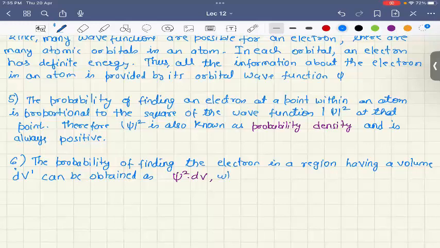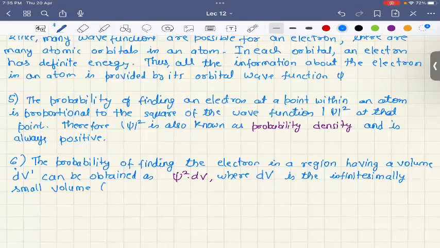Where dV is the infinitesimally small volume, which is dx dy dz, right?